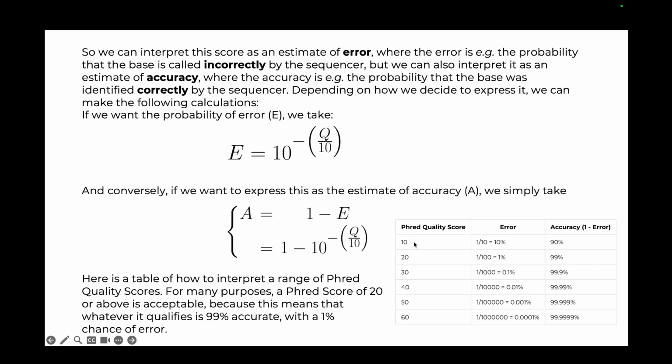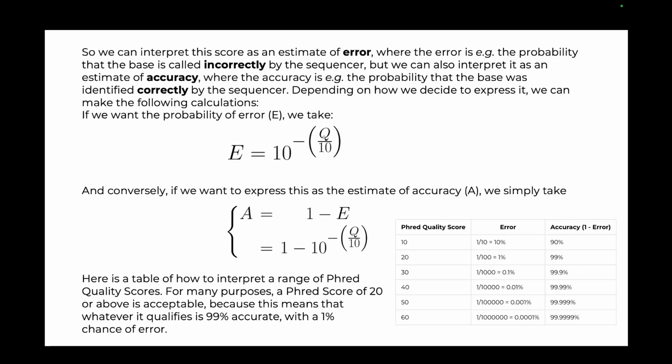Now, if you do a higher Phred score, like 20, if you substitute 20 in here, it becomes 10 to the power minus 2. So it's basically 1 by 100, which is 1% of error and 99% accurate. So this is something that is acceptable around 20 Phred score, or basically the quality score.